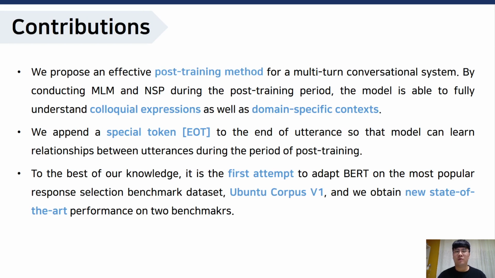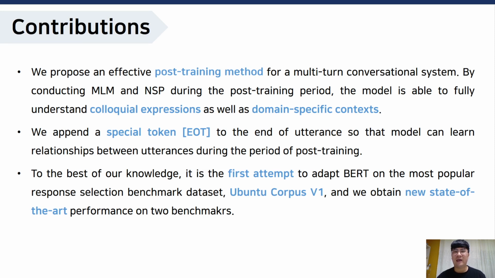So in this paper, we propose an effective post-training method using BERT for a multi-turn conversational system. By conducting masked language modeling and next sentence prediction during the post-training period, the model is able to fully understand colloquial expressions as well as domain-specific context.